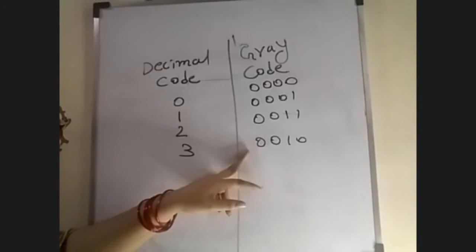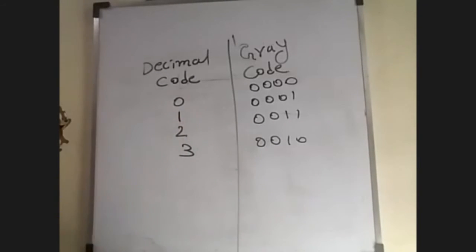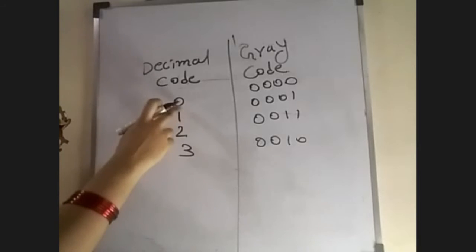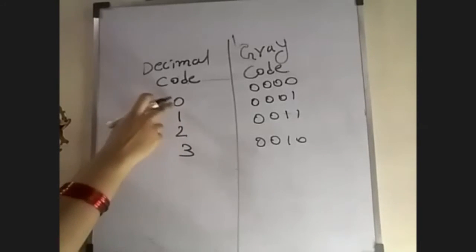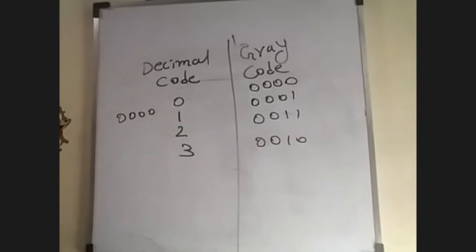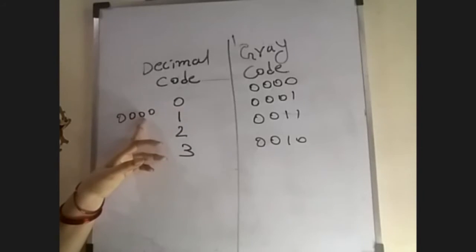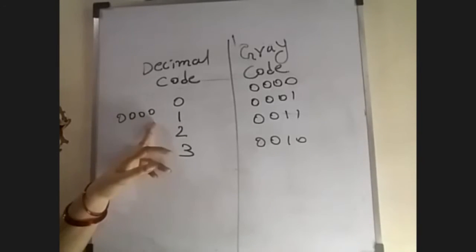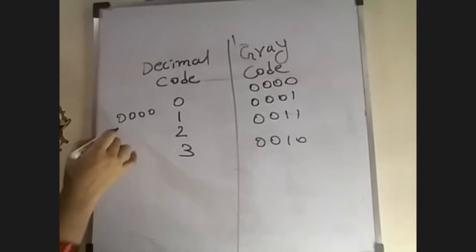For a decimal value, first convert it into binary, 4-bit representation. 0 is 0000.